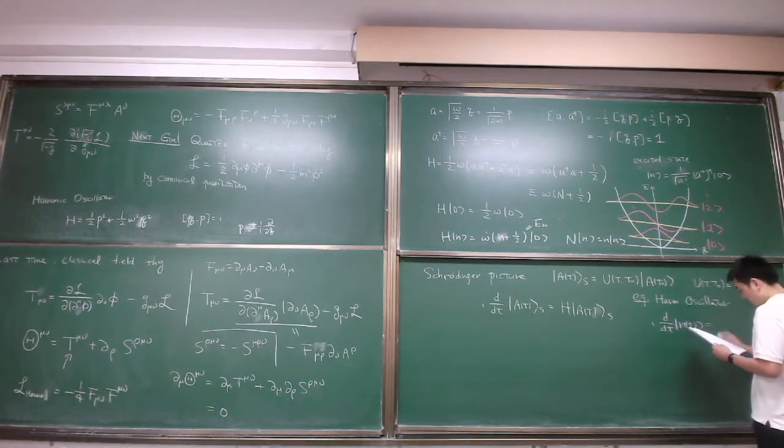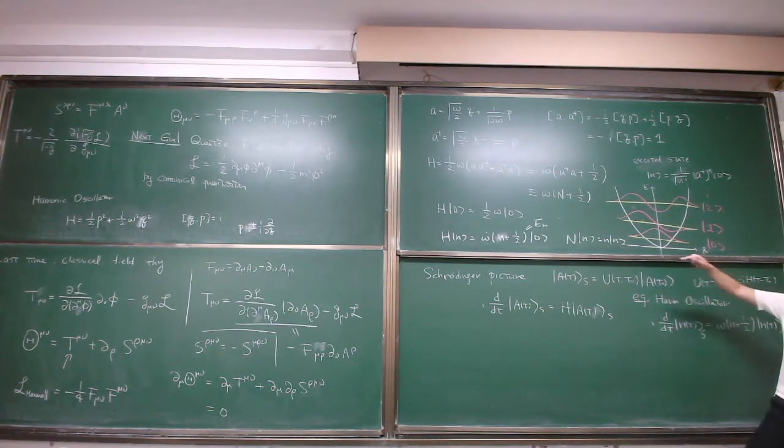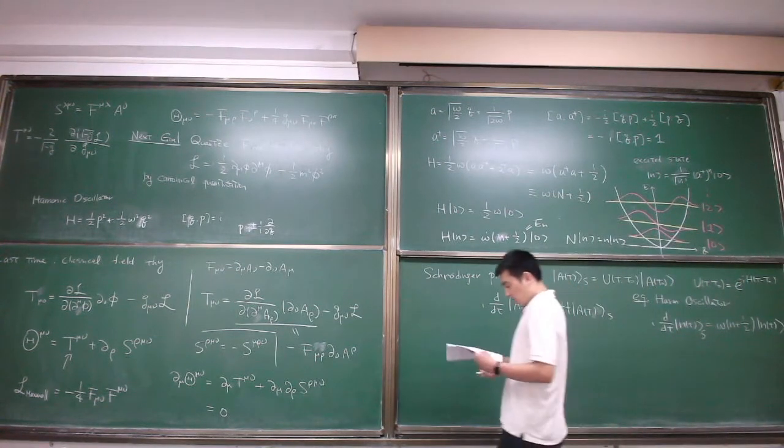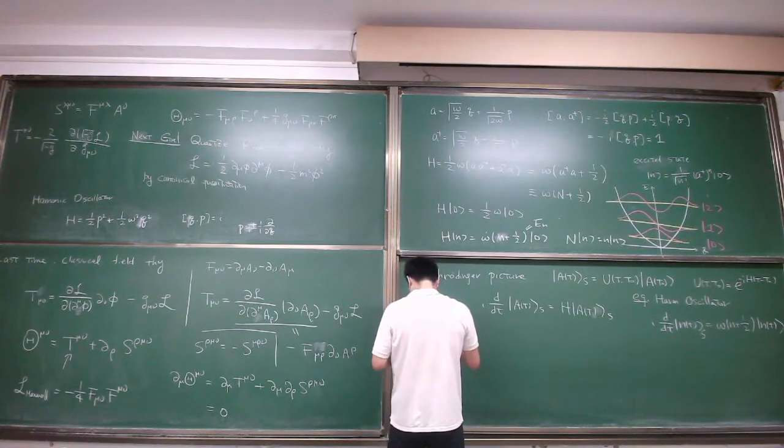Therefore, the number operator should satisfy the following equation for excited states at the lower end. So this is the familiar story. I think I bored you a bit.